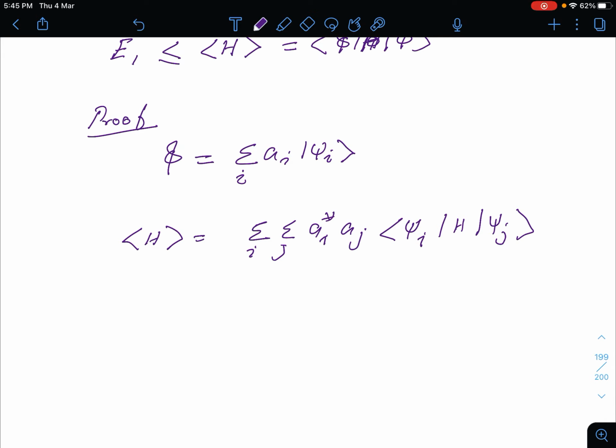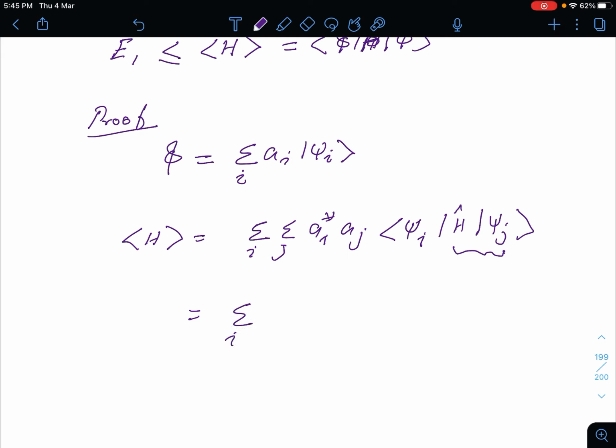Now H is the Hamiltonian operator which acts on the actual wave function psi_j, which gives you E_j.